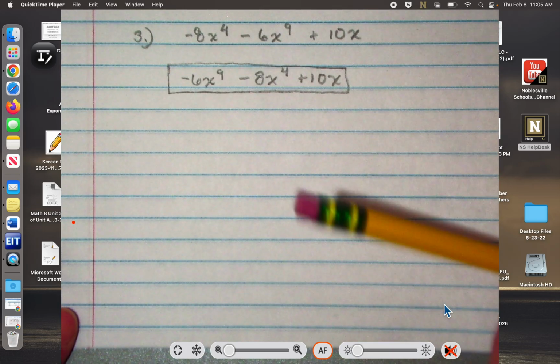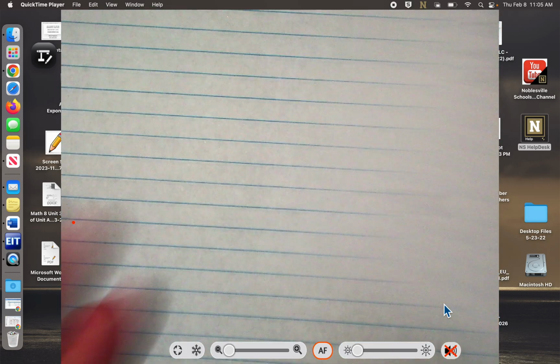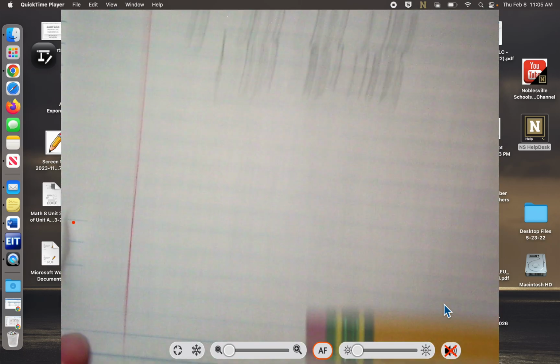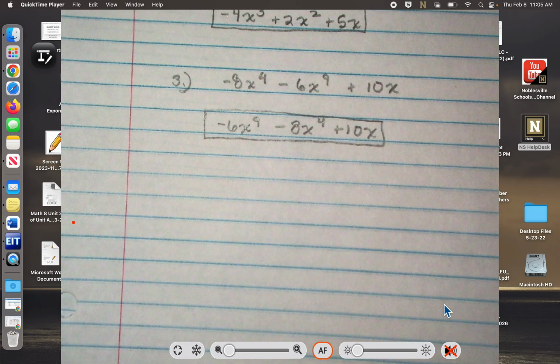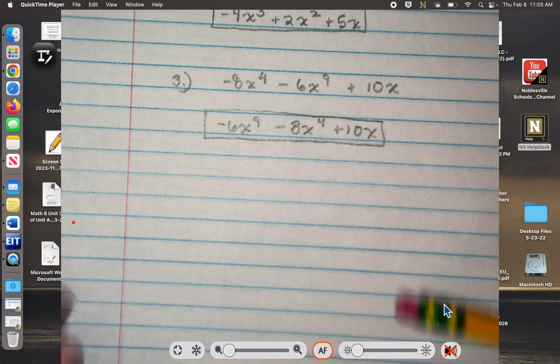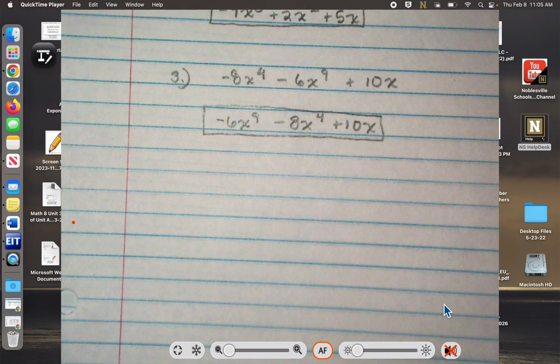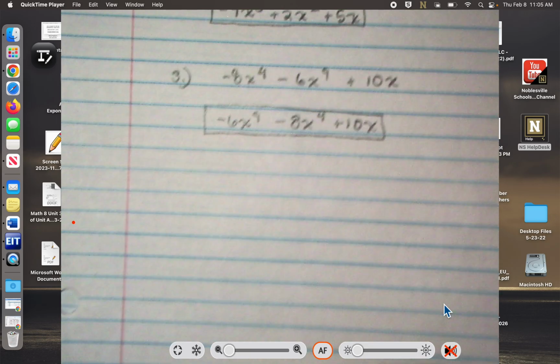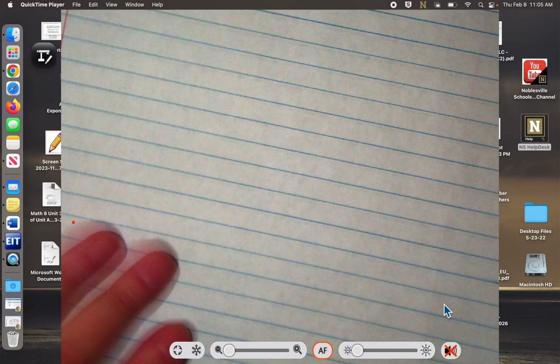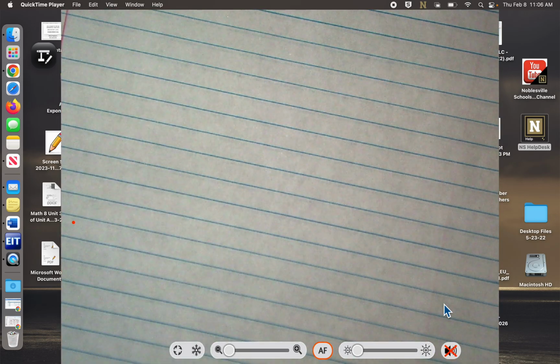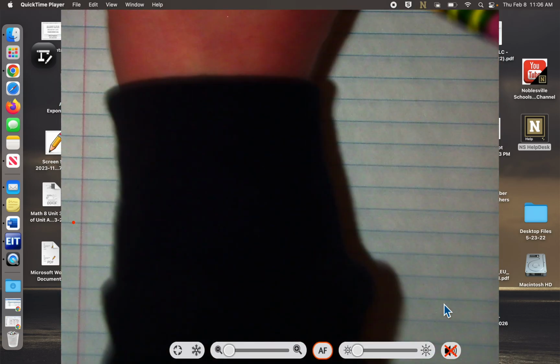Okay, second page. We're going to show our adding and subtracting rules. So exciting. All right, this is where you need the colored pencils. If you weren't able to get some, maybe you can share with the person you're sitting with. So let's talk about adding polynomials.